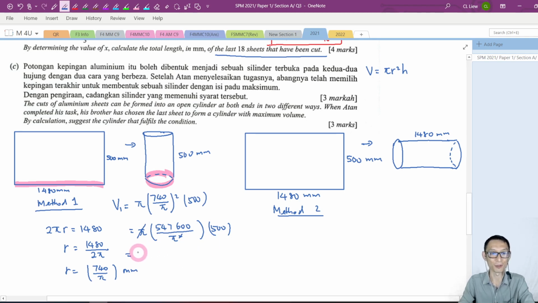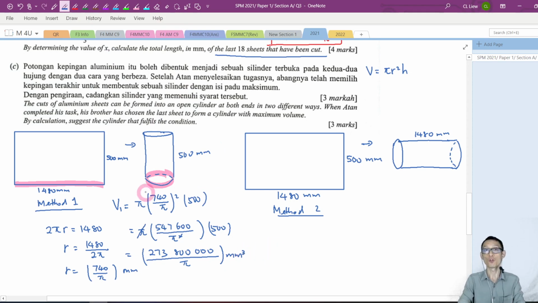Wow, the number is very big. Okay, this is 273,800,000 over pi. Okay, this is not cubic centimeter but cubic millimeter. Okay, if you form the cylinder this way, this is the volume.